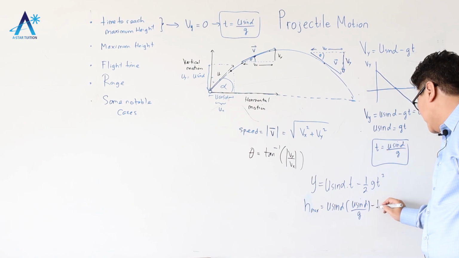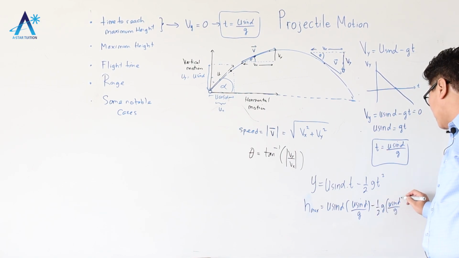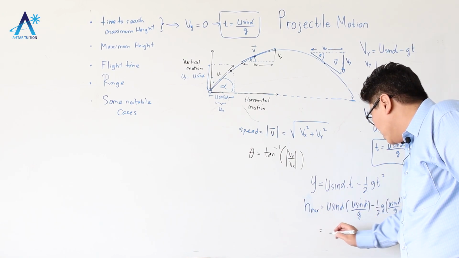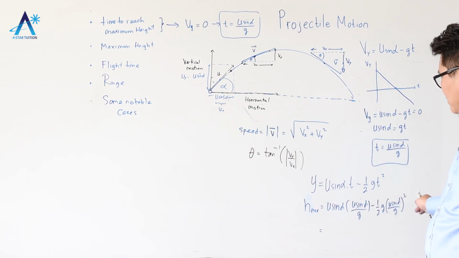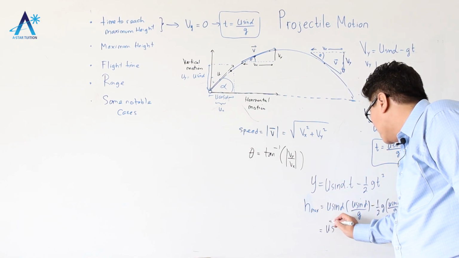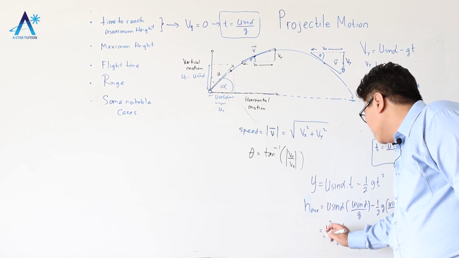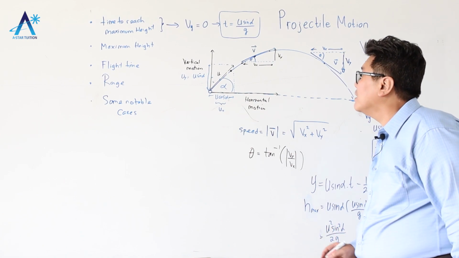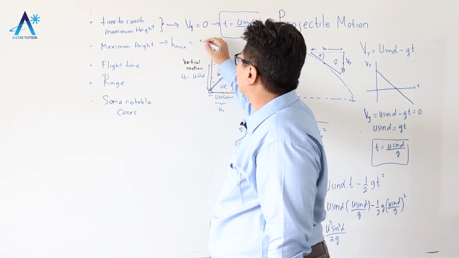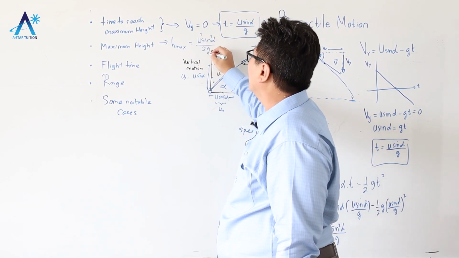And so minus half g times (u sine alpha over g) squared. I don't have to write the detail. You can actually do the algebra yourself, but the final answer is going to be u square sine square alpha over 2g. So this is the maximum height. Yeah. So h maximum is u square sine square alpha over 2g.